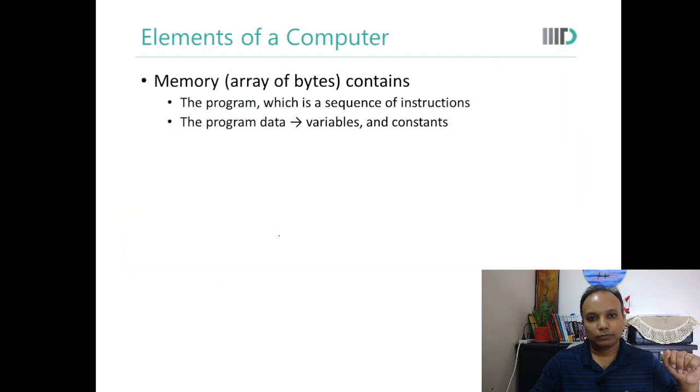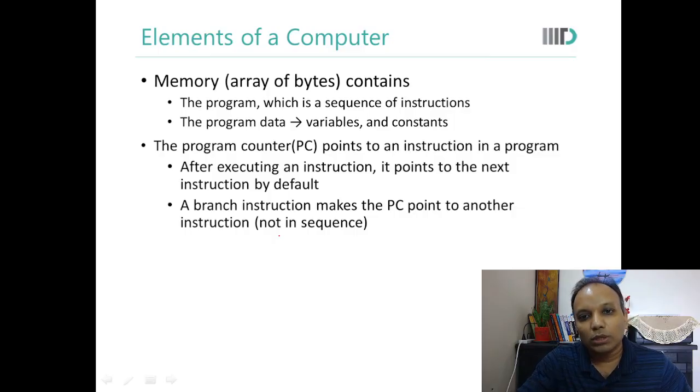All right. So, what are the elements we discussed so far? It has memory, which is an array of bytes that contains the program, and the program is nothing but a sequence of instructions that the computer needs to execute. Also, the memory contains the data which the program needs to use, for example, the different variables, constants, operands, etc. The program counter points to the instruction in a program.